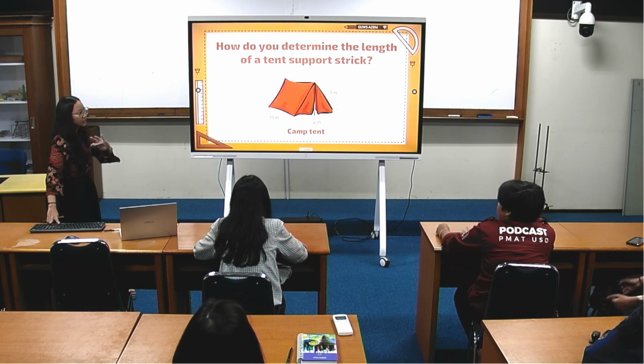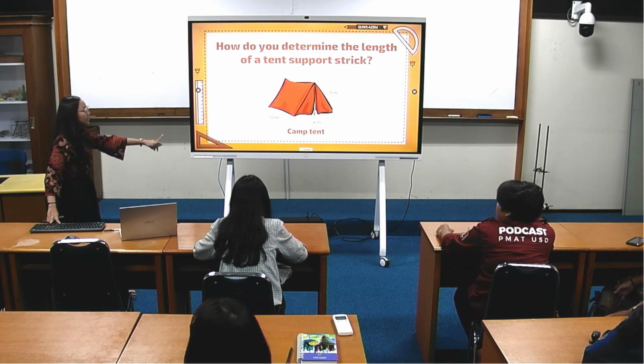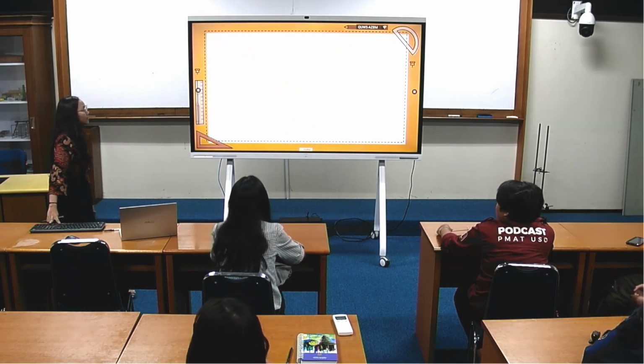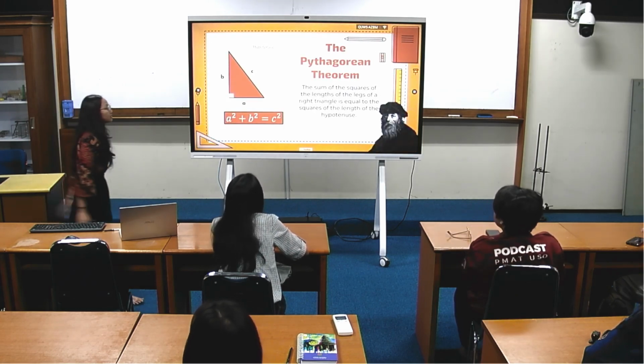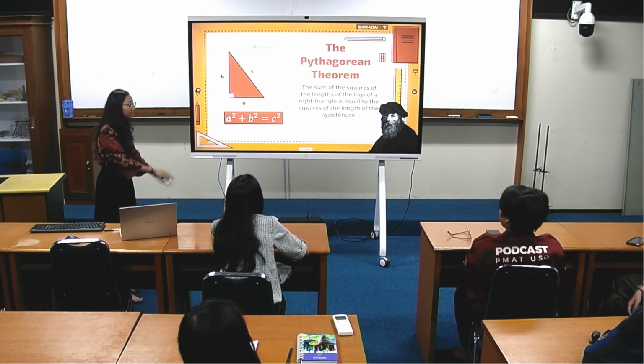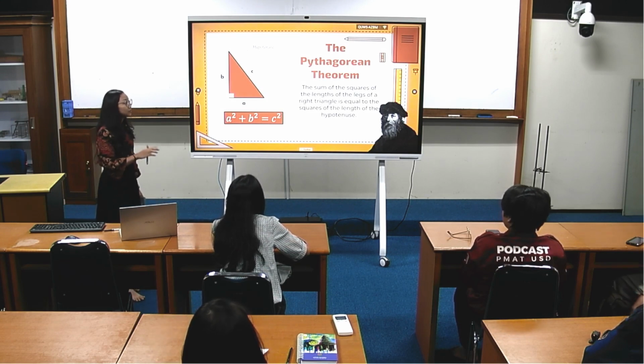Before we go to the solution of this problem, I will give you some reminder about the material. The Pythagorean theorem says the sum of the squares of the lengths of the legs of a right triangle is equal to the square of the length of the hypotenuse.